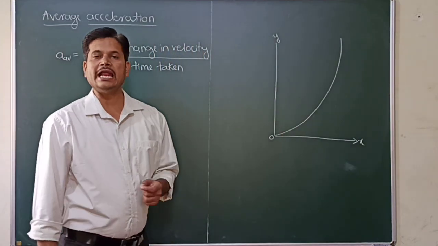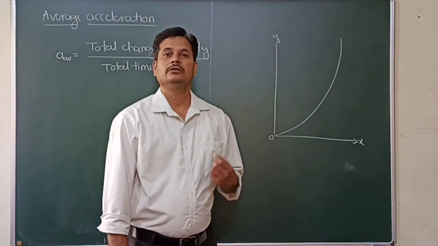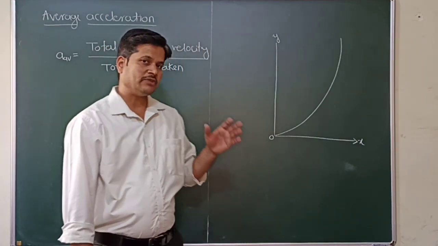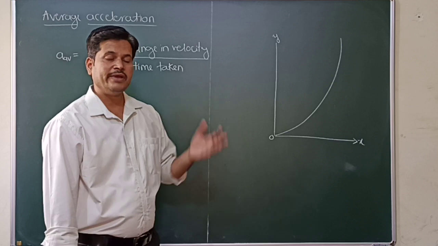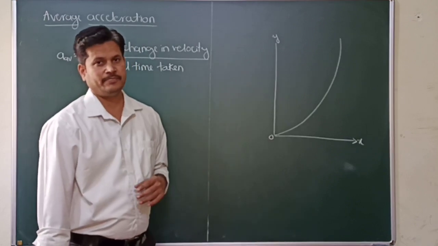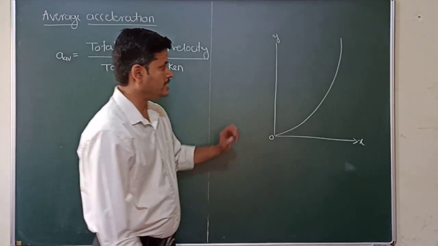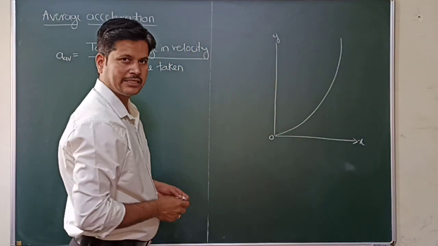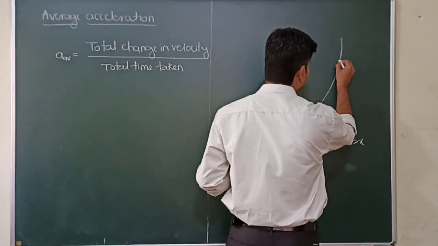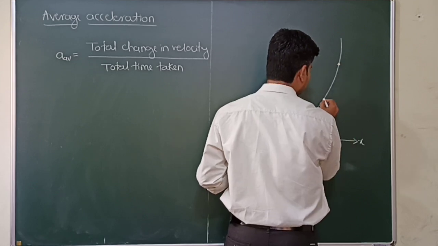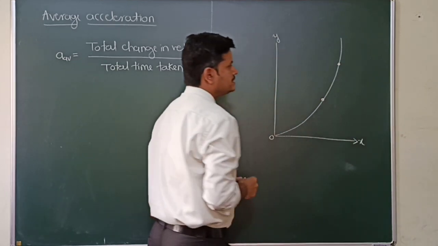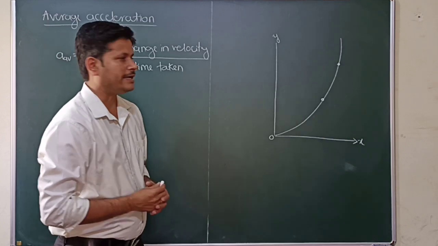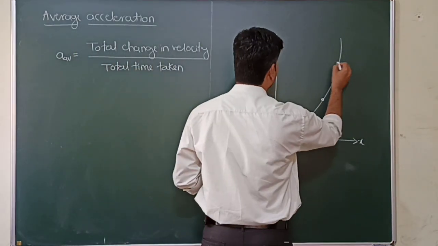If you want to calculate the average acceleration for an object moving with variable velocity, I am drawing the graph here, which gives a curve like this, and I want the average acceleration between this motion.